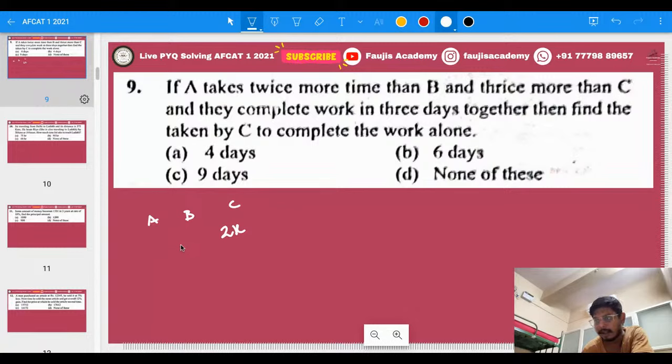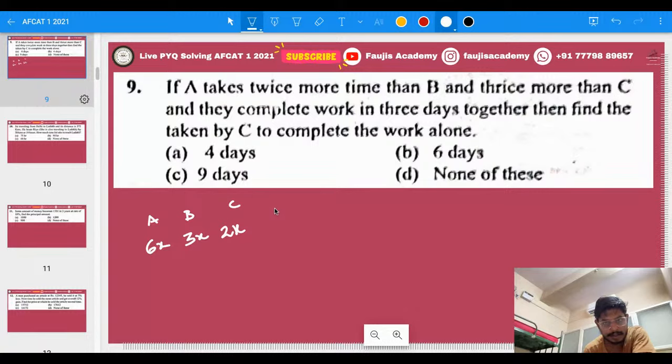Why are we assuming this? Because A takes twice more time than B and thrice more than C. That means A will take 6x days, and A takes twice more than B, so B must have taken 3x days.